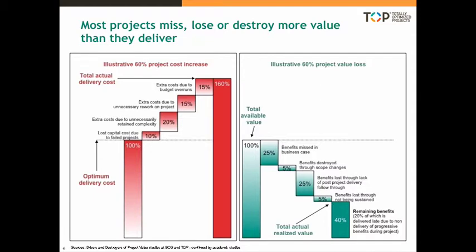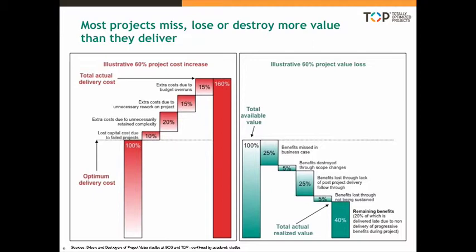This is from research we did as to what happens to the value on projects. And we took the optimum delivery cost and the total available value as 100%, and then looked at some of the major drivers of increased cost in red and value loss in green.